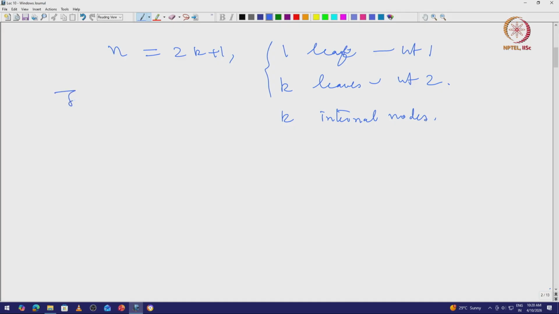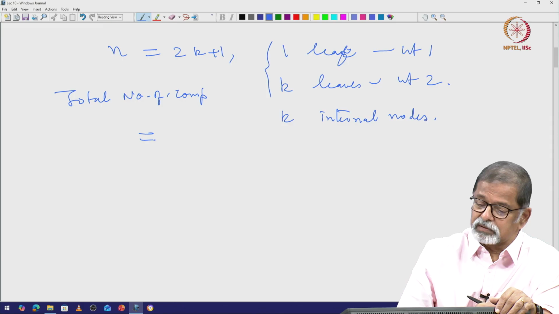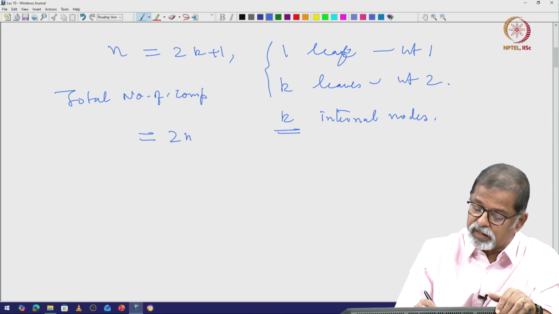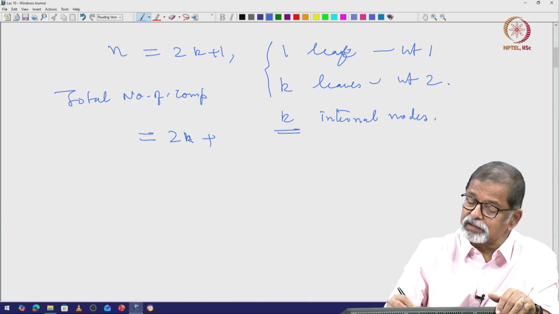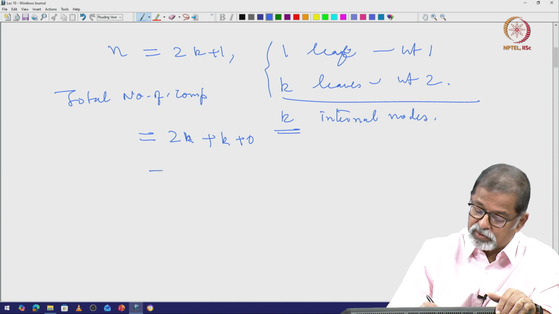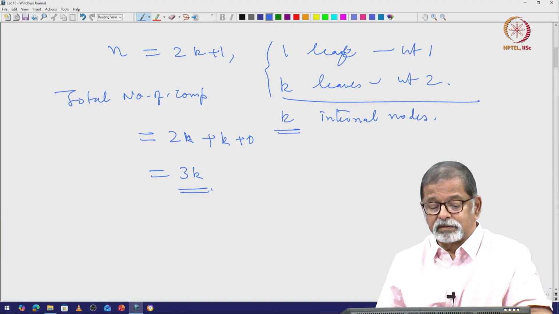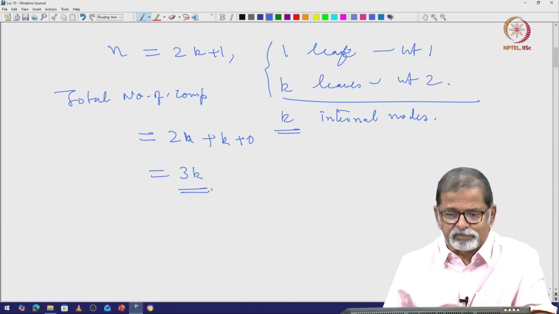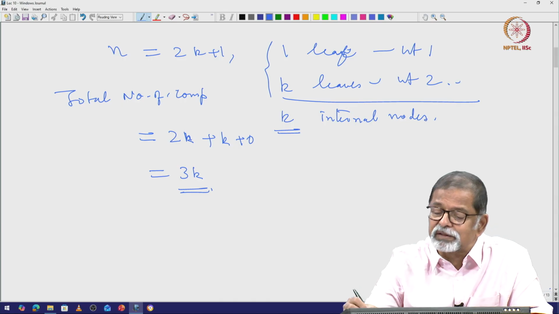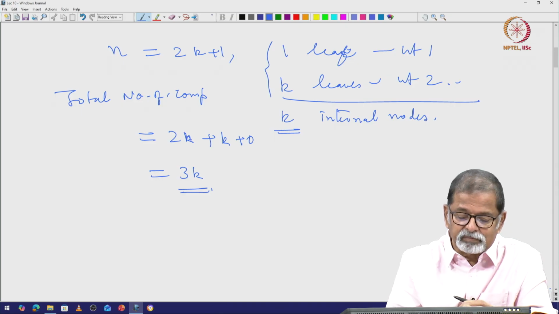What is the total number of comparisons? k internal nodes will have 2k comparisons, and each leaf with weight 2 will have one comparison, so k. The one leaf with weight 1 does 0 comparisons. That is 3k.